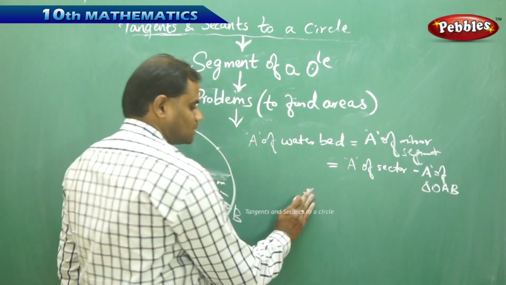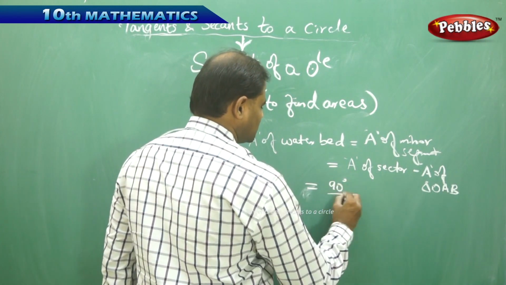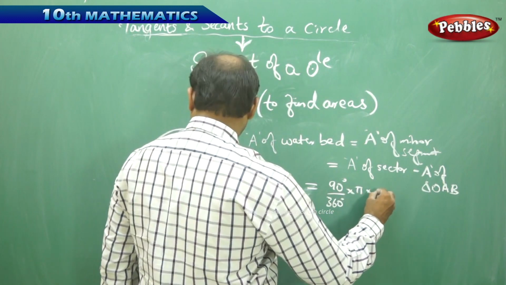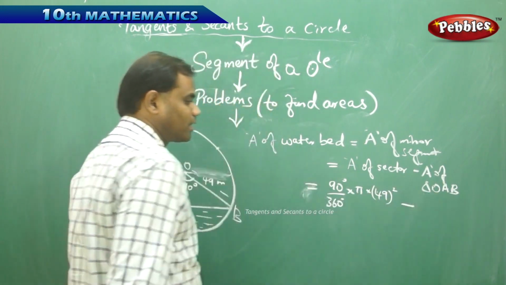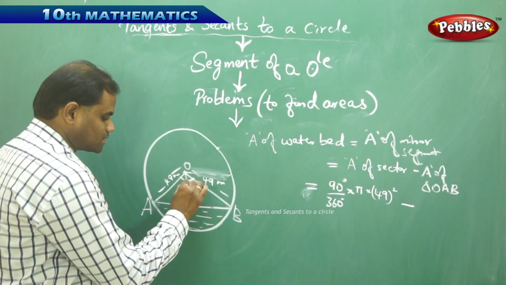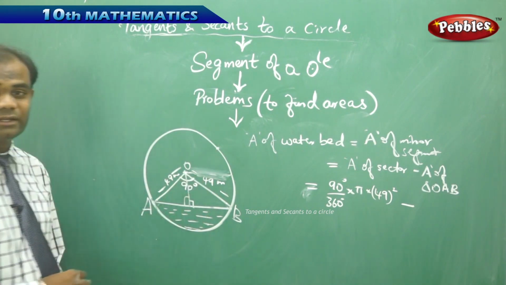We all know that the formula for the area of a sector is x by 360, x being 90, into pi r square, that is pi r square, that is 49 times 49, minus the area of triangle OAB, which I need to find from here. This makes me clearly understand that this will be a perpendicular drawn here, making 90 degrees.